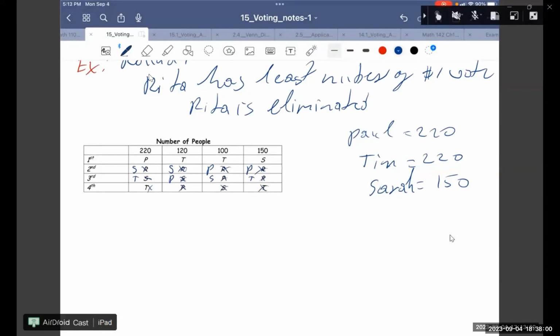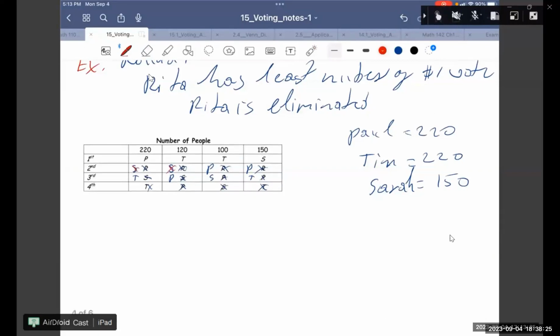So we can see this. Sarah is eliminated again because Sarah has only 150. So whenever we see Sarah eliminated, we can move up.